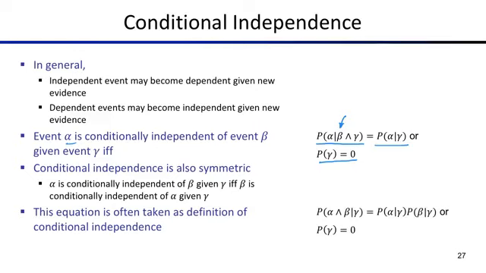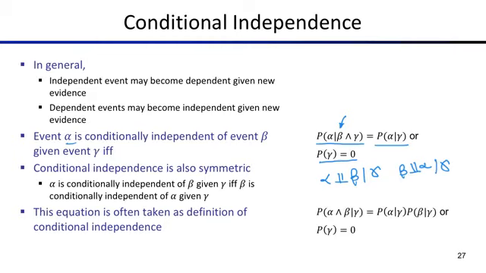Alpha is conditionally independent of beta given gamma if and only if beta is conditionally independent of alpha given gamma. So it's a symmetric relationship.